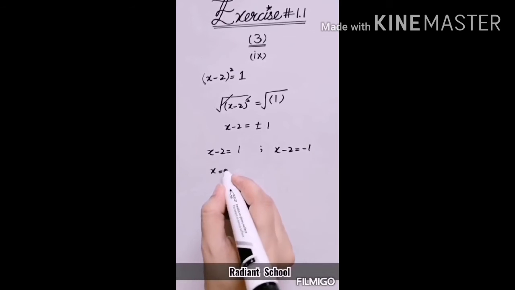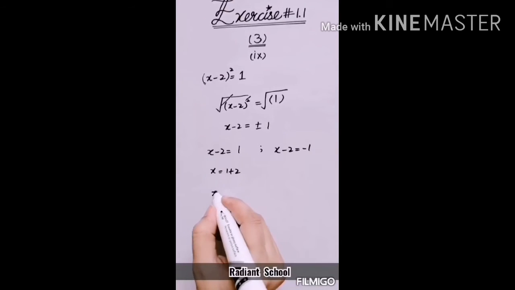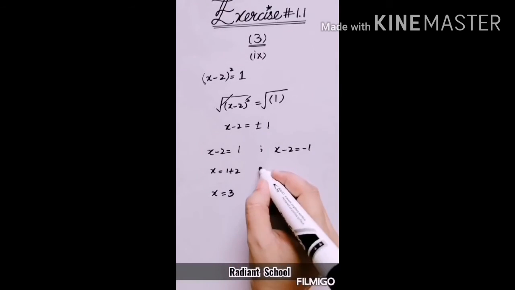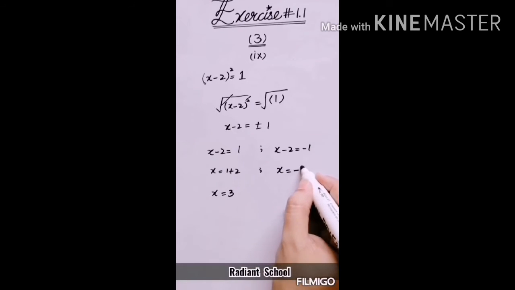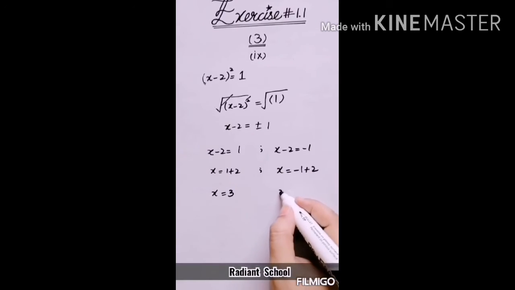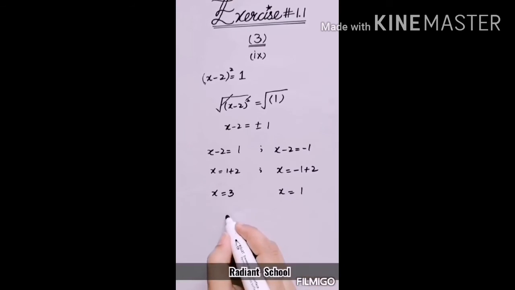So x is equal to 1 plus 2, x is equal to 3, x is equal to minus 1 plus 2, x is equal to 1. So your solution set is 1 and 3.